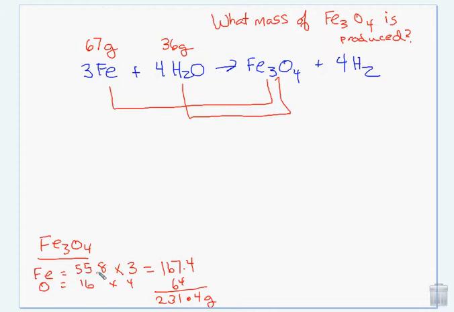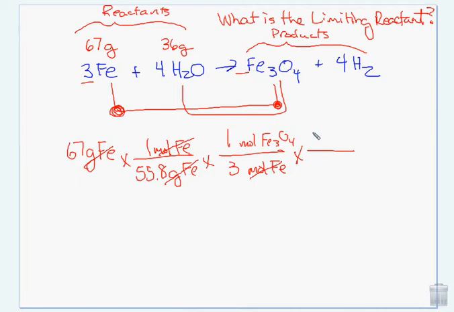There are 3 Fe's at 55.8 each and 4 O's at 16 each, so the total is 231.4. So I write 231.4 grams of Fe3O4 per 1 mole, and I put that 1 mole on the bottom so I can cancel those out.